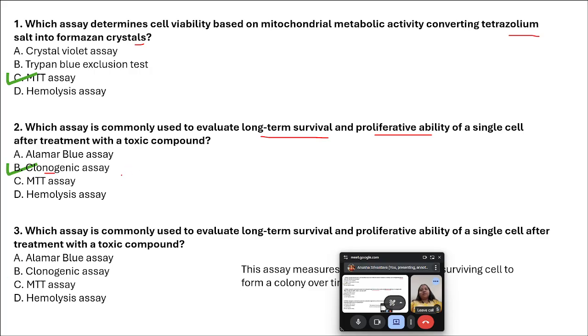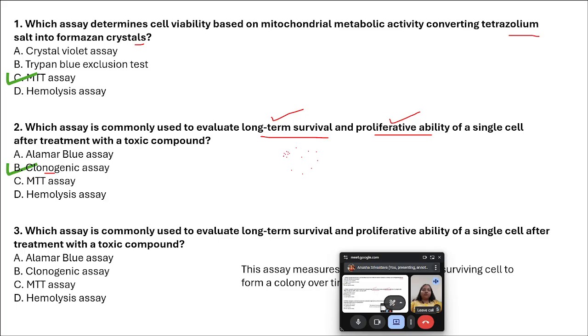So what is done basically when we talk about long-term survival and proliferative ability? Suppose we have already treated the bacteria and everything. Now we plate colonies, and it is applicable both for bacteria and for cells. And then we see, after treatment, at what dilution it is able to form colonies.